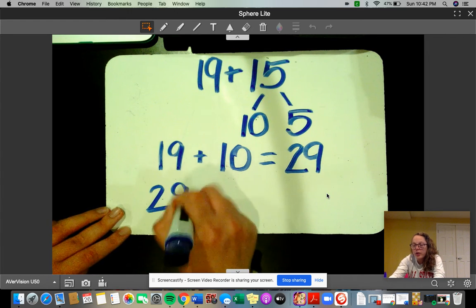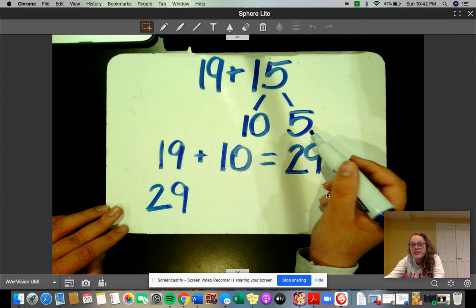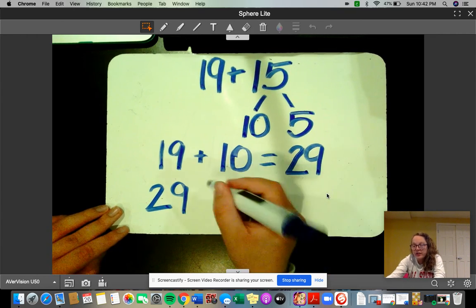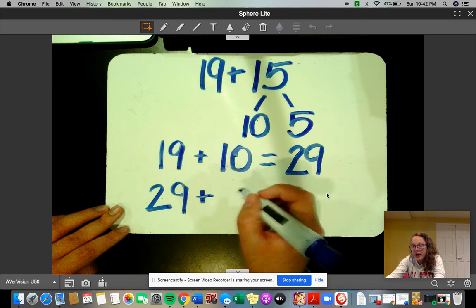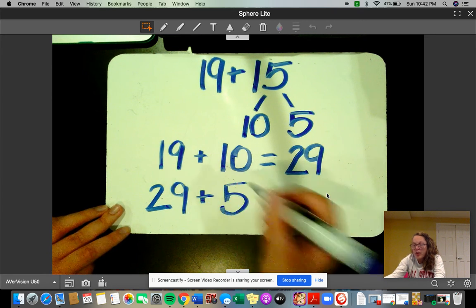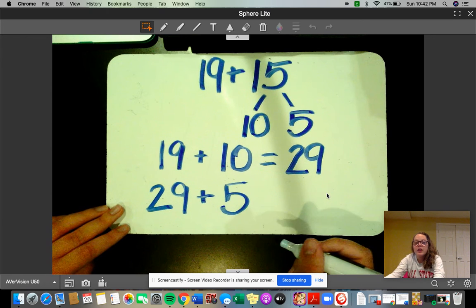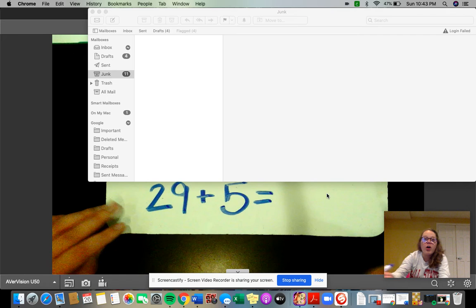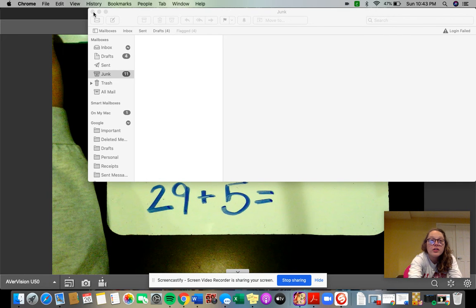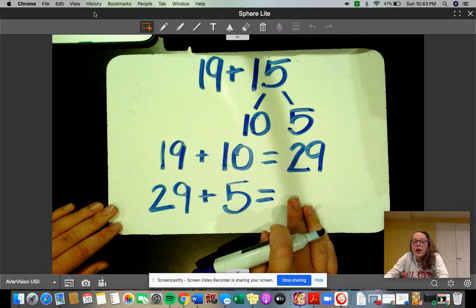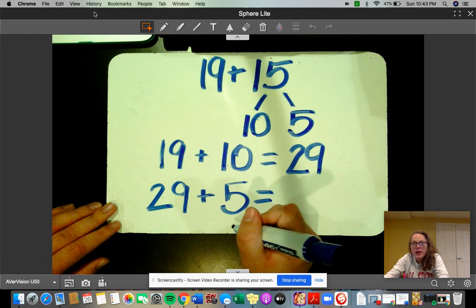All right, so then I bring my 29 down here that we have the 10, and the one number that we haven't looked at yet in our number bond is 5. So I'm going to put 29 plus 5, but 5 seems a little big and a little hard to work with right now. So what I'm going to do is make a number bond out of 5.